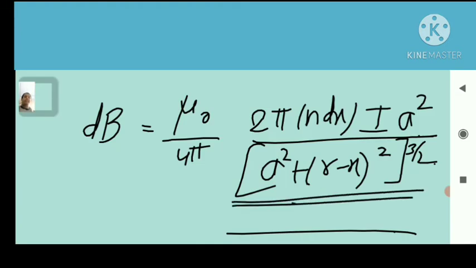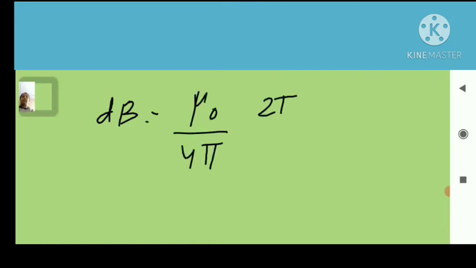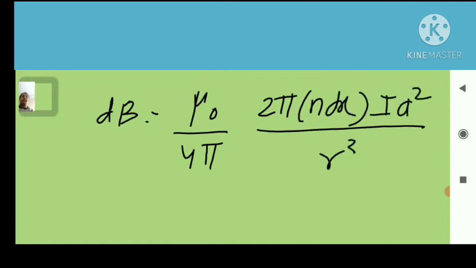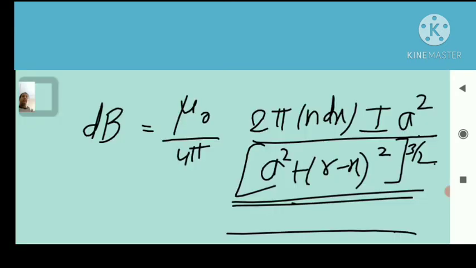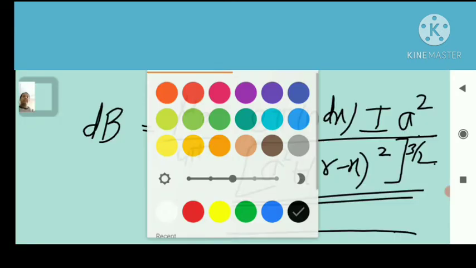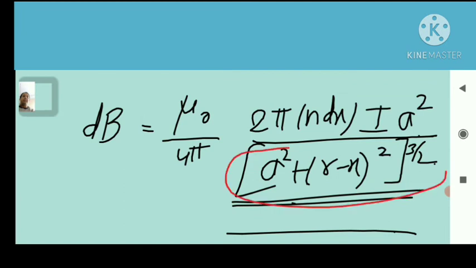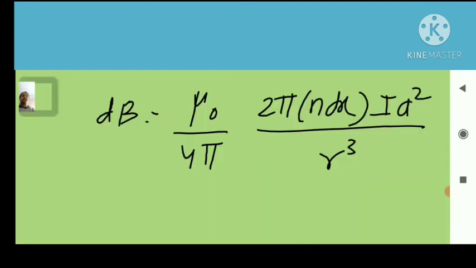So now we put this value here, and we get dB equal to mu naught over 4 pi times 2 pi n dx I a square over r cube. We put only r cube instead of those values.